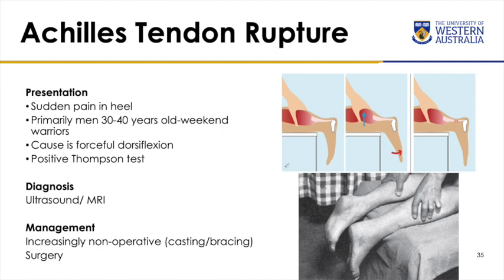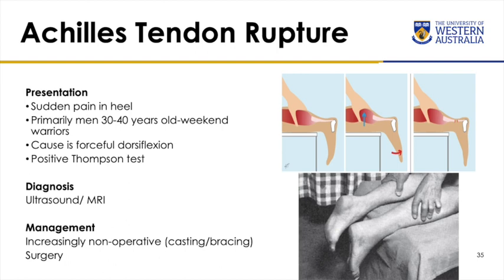On examination, you see a positive Thompson test. This is what is pictured on the right. A normal test, when the calf is squeezed, you will see plantar flexion of the ankle. When there is no plantar flexion, there is a positive test.